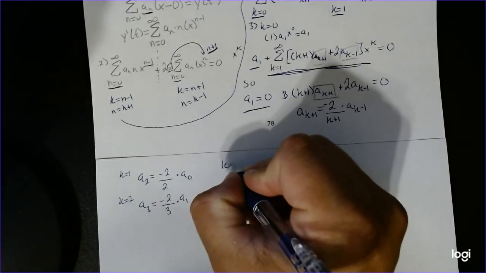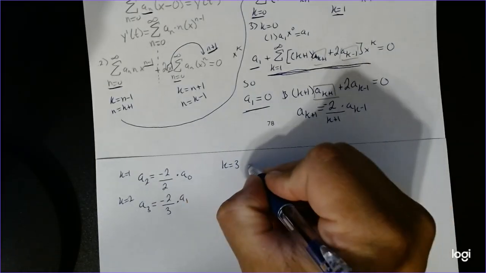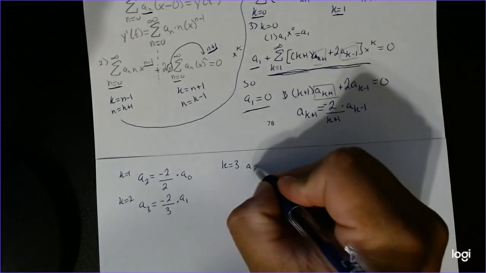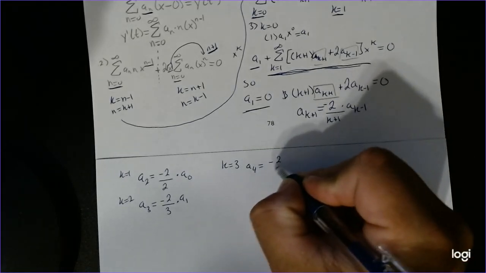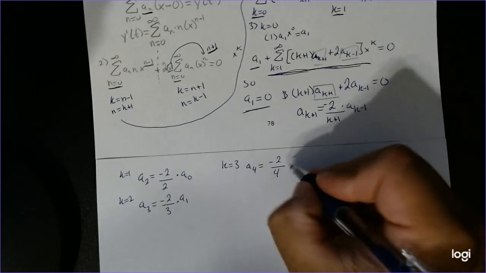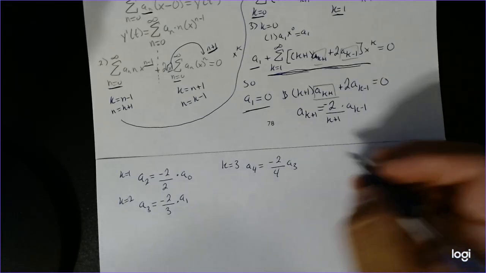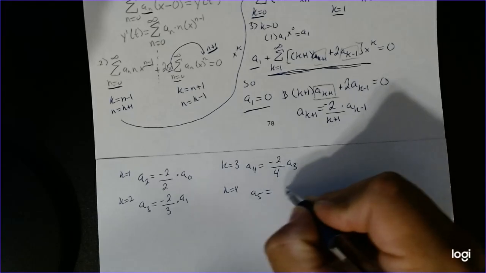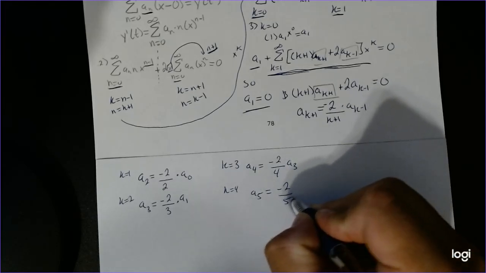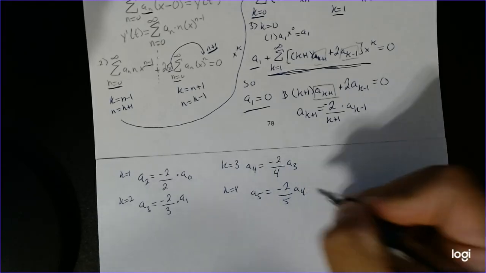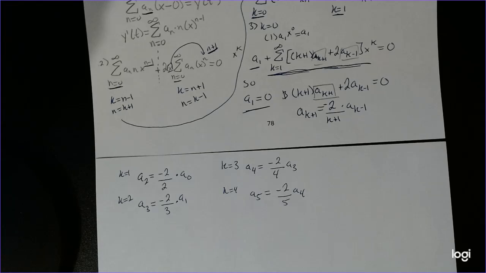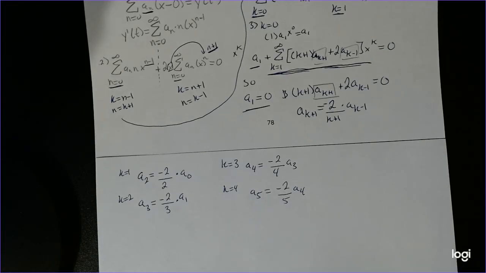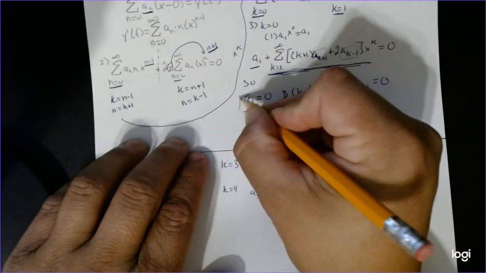I'll do a couple more. So 3 minus 1, so a3. Okay, so we know this.